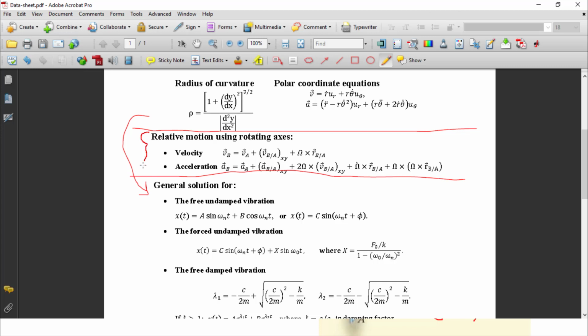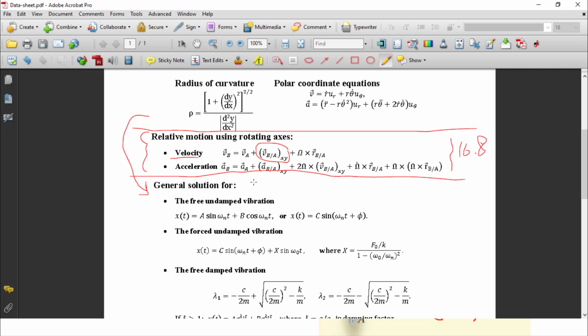This portion represents section 16.8. Here is the velocity equation, up to here. This is the extra component in this equation. If we erase it, then we go back to section 16.7.